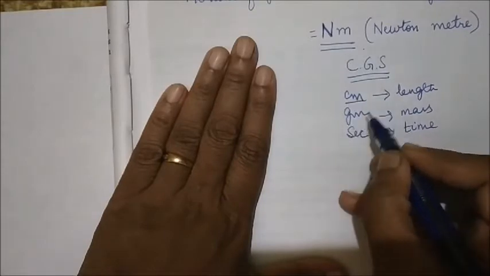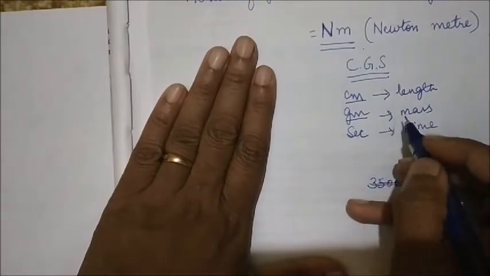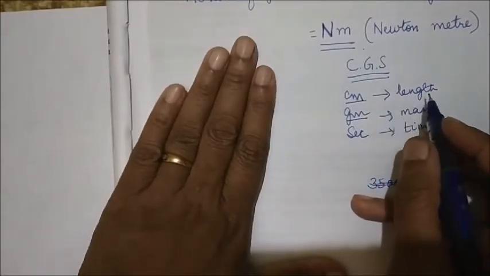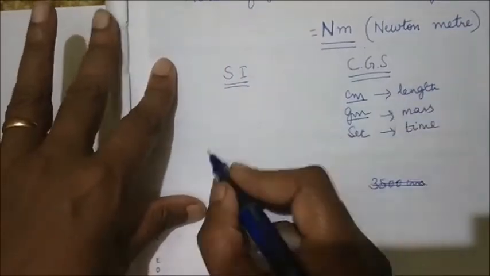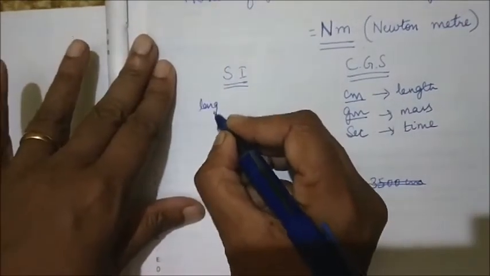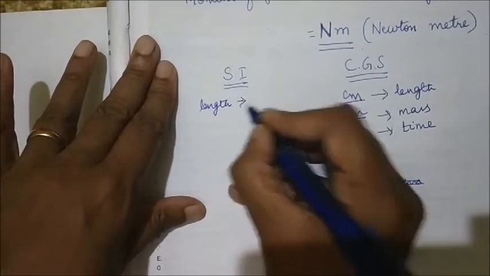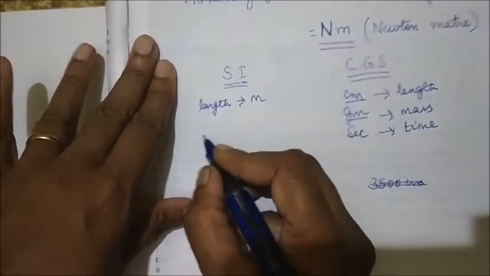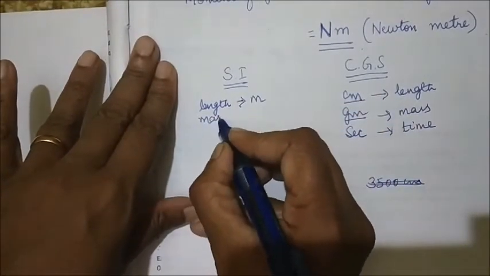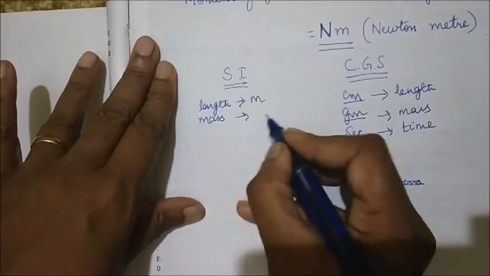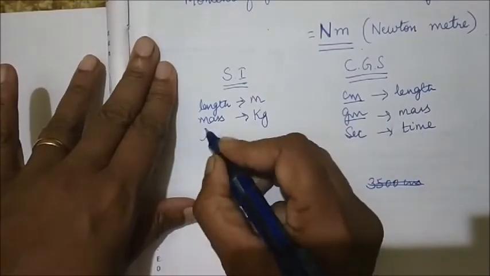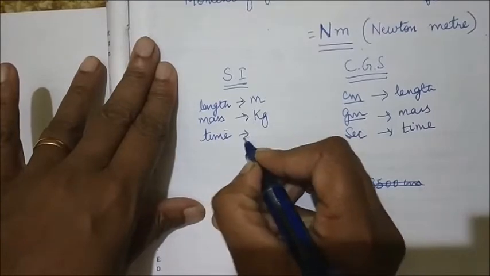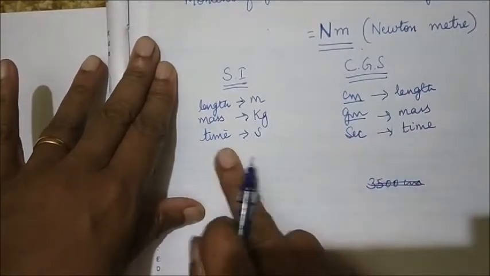So they found these units small, and decided to change the units. For length, they changed the unit into meter. In the SI system, mass is usually measured in kg. Time in both the systems is second.